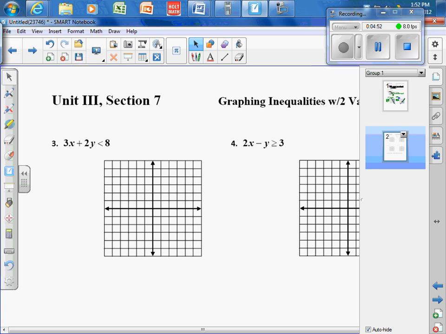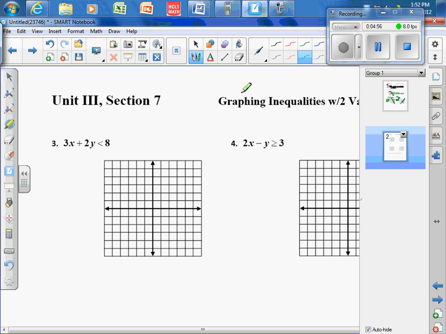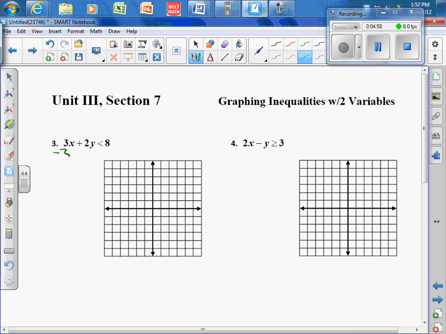Well, before we do anything else, we have to put this inequality into slope-intercept form. To do that, I'm going to be subtracting 3x from both sides. Leaves me with 2y is less than negative 3x plus 8. Dividing everything by 2, I get y is less than negative 3 halves x plus 4.